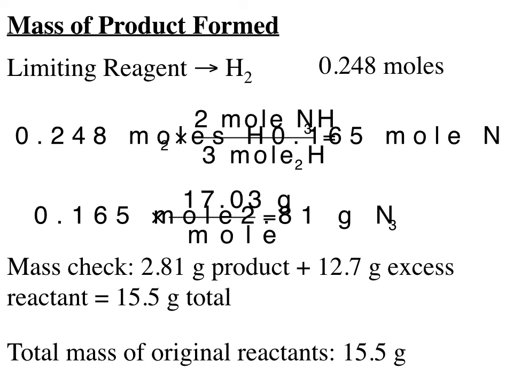Now I find the molar mass of NH3, which is found by, of course, adding an N with 3 H's to be 17.03 grams. I multiply that times the number of moles of product being formed, and lo and behold, as I predicted on the previous slide, I'm going to form 2.8 grams of my ammonia.